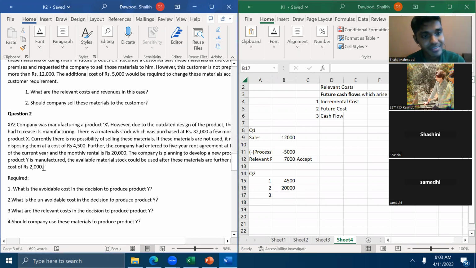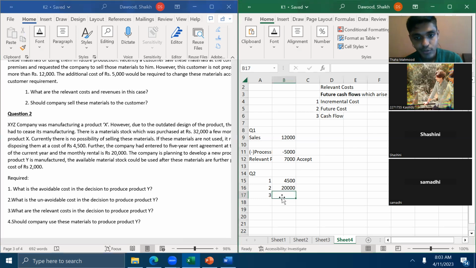If we can sell it we can consider the revenue too, otherwise we won't make it. But first, we have to incur further processing costs of 2,000. It's an incremental cost, a future cash flow.